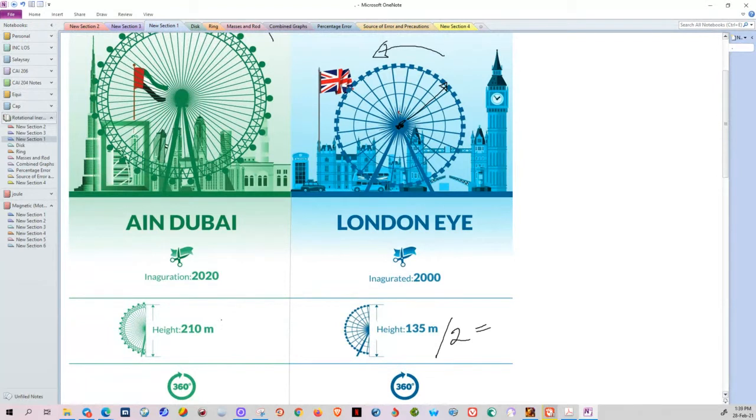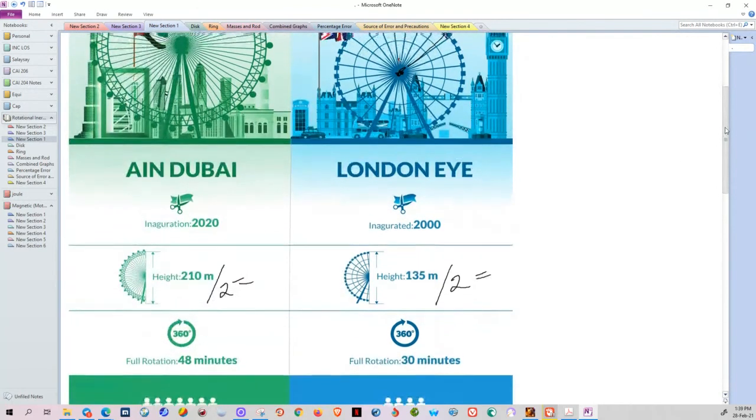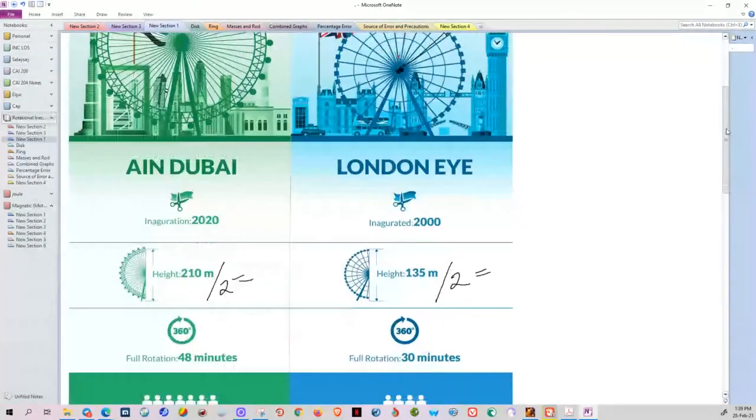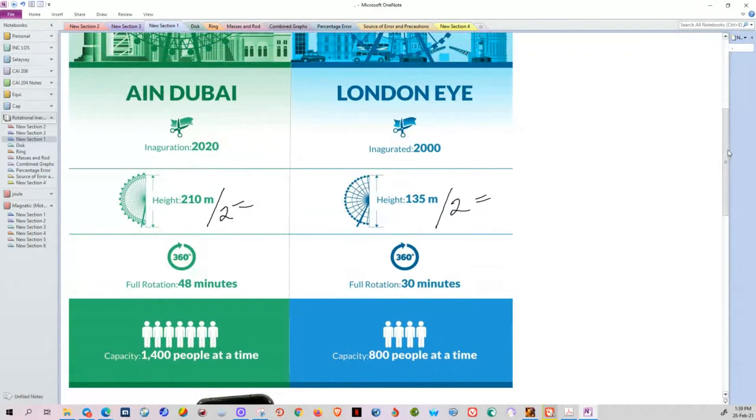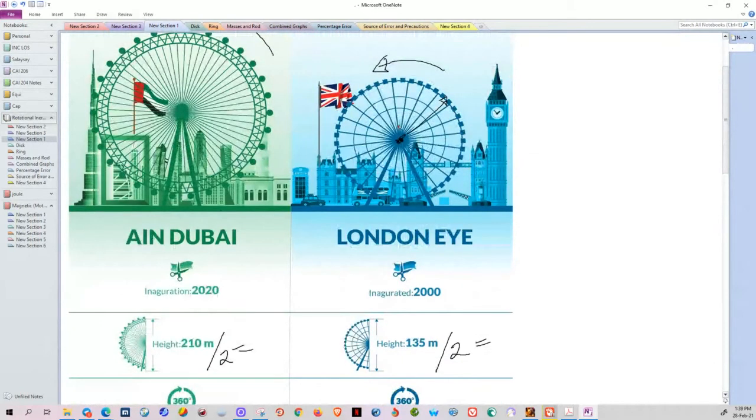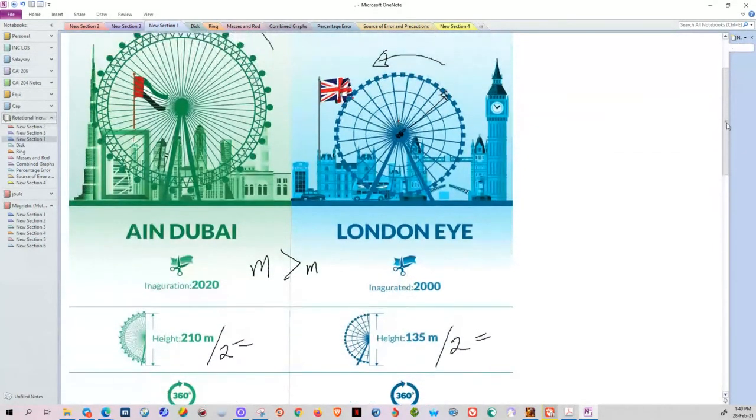The one from Dubai is bigger. It has a 210 meter diameter, divided by 2 to get the radius. So that's the main difference. What else? The number of people that it can carry is also different. So basically, the mass of the one from Dubai is bigger than the mass of the one from London. So those are the two main differences of our two Ferris wheels.